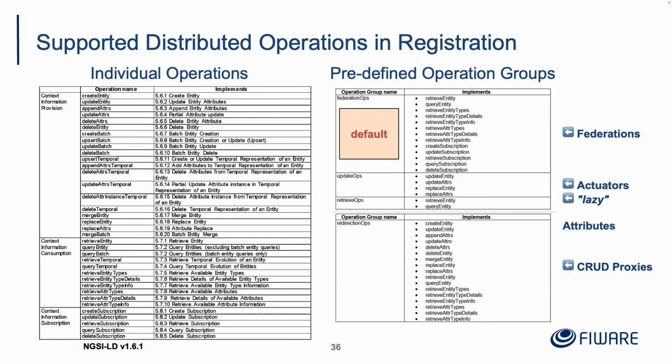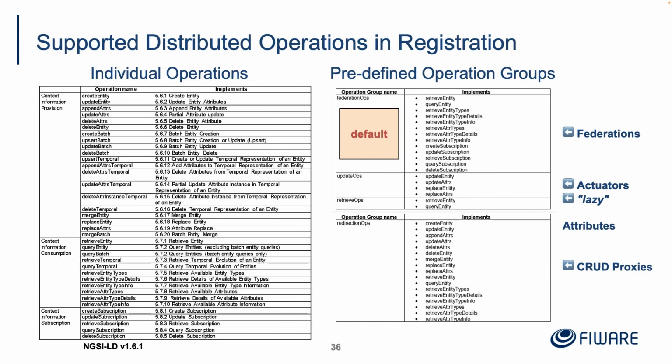Finally, the CRUD proxies, where you can actually update, delete, what have you. This would typically be used for that redirect system where I do have the rights to change stuff. So this is basically all the standard CRUD operations in NGSI-LD, saying yes, I can update, I can create, I can modify, and so on and so forth.